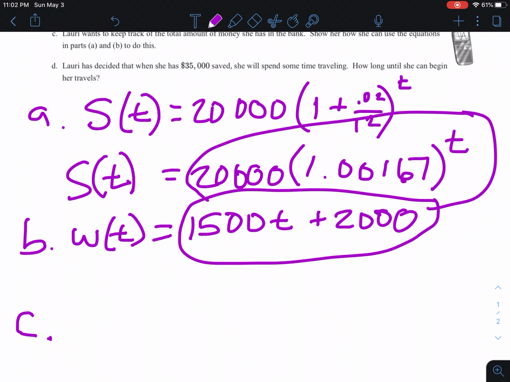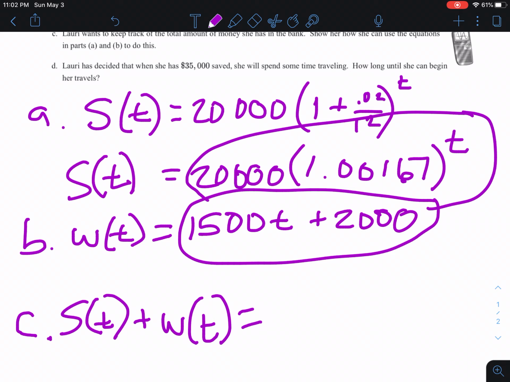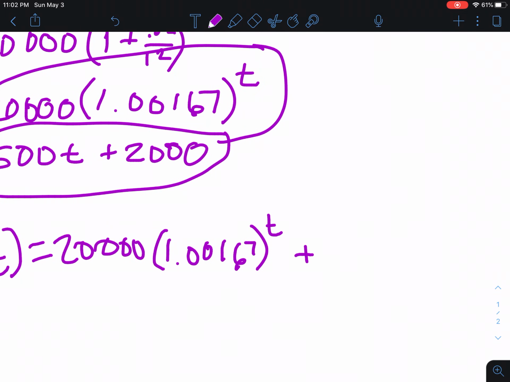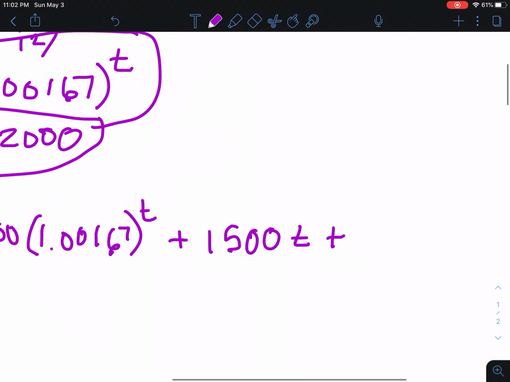In C, the way they want us to show that is you write S of t plus W of t equals, and here's where I'm going to start to run out of space, but I'm going to take that 20,000 times 1.00167 to the t, and add that to the 1,500t plus 2,000.